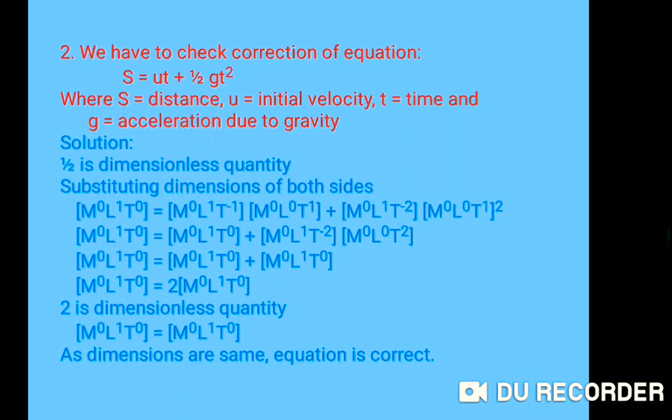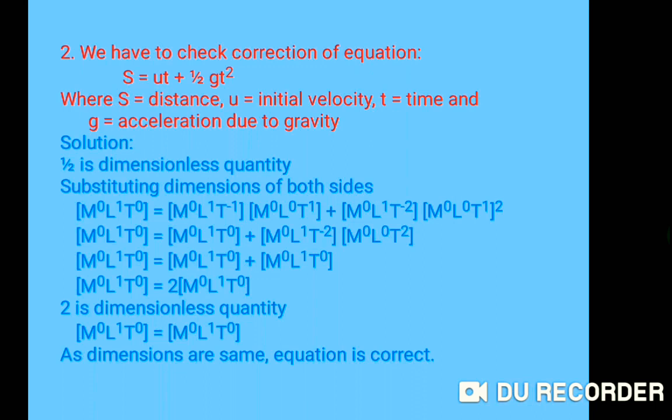Second, we have to check the correctness of the equation S equals u t plus half g t square, or S equals u t plus half a t square, which is the equation of motion, where S is distance, u is initial velocity, t is time, and g is acceleration due to gravity.